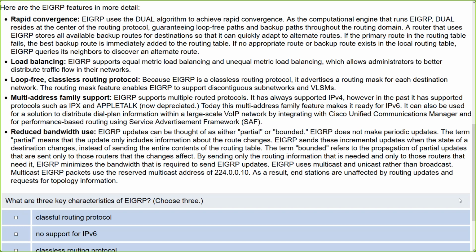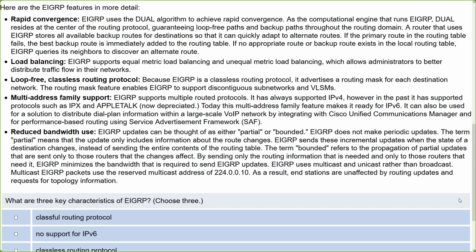In OSPF, for example, we would increase the efficiency of the protocol by implementing a multi-area design with ABRs, and then having those ABRs provide a place for summarization and so on. So when it comes to convergence, it's a very, very important concept. And EIGRP is actually one of the fastest converging protocols, even faster than OSPF, if it is designed correctly.